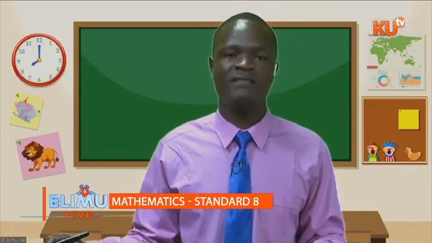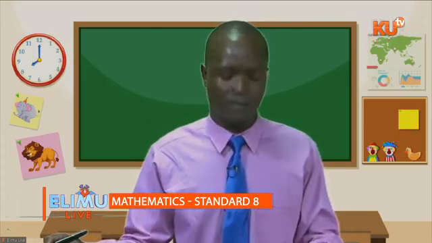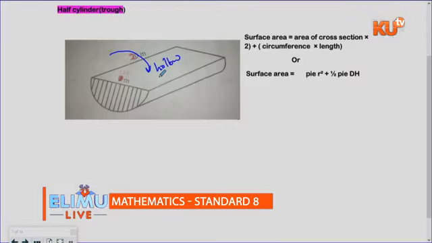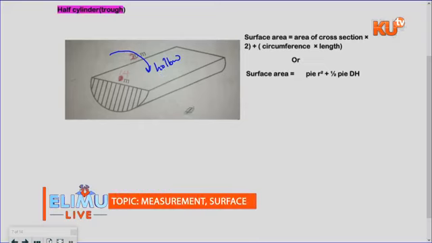But for the circumference, you just say half pi d. You don't add the diameter. So looking at this now, that's why the surface area is equal to the area of the cross section times 2, and then plus circumference times length. I want to use the first formula because it is always the easiest.